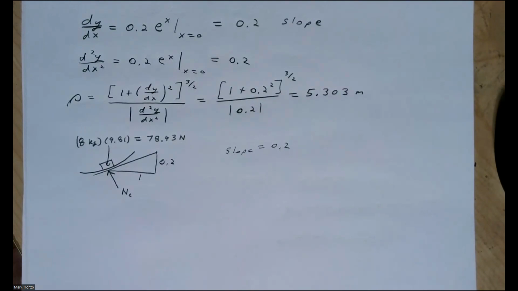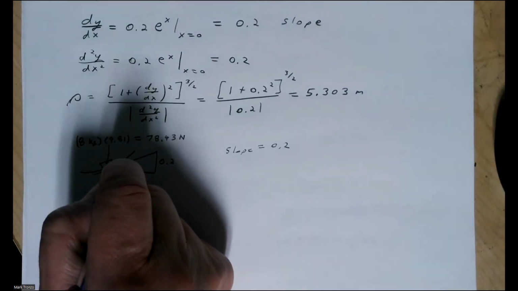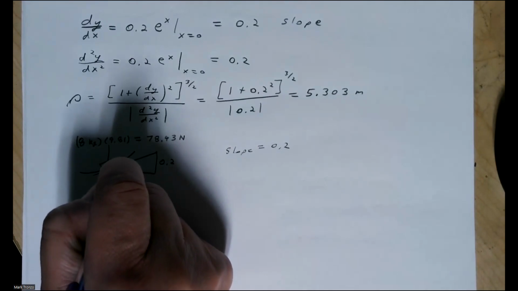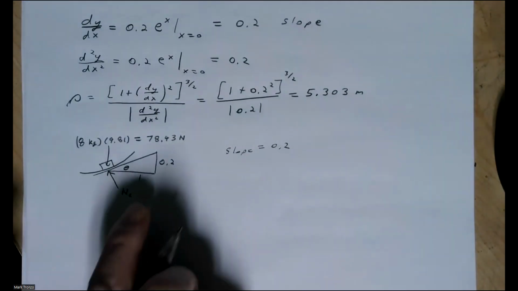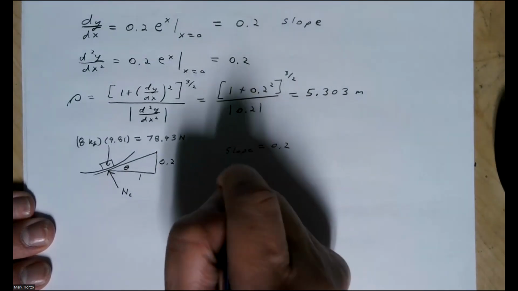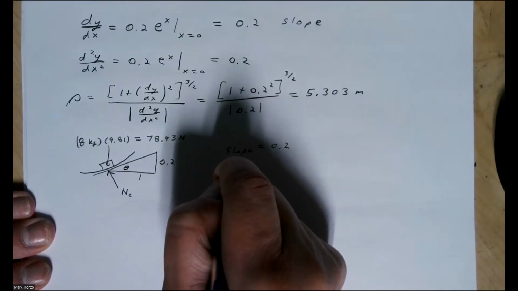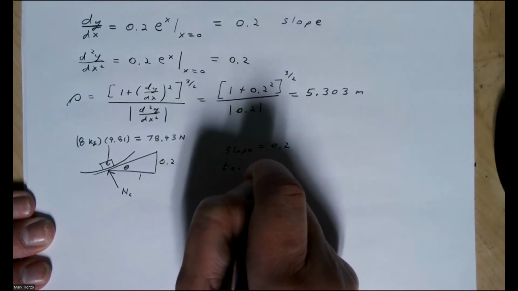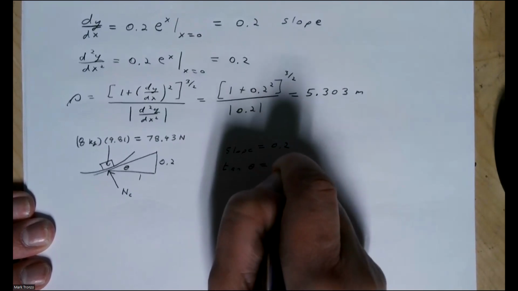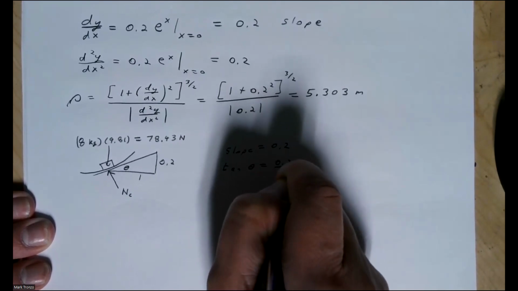And then you could calculate the angle here. And what we need for that would be the tangent, I guess. So the tangent of theta is opposite over adjacent.